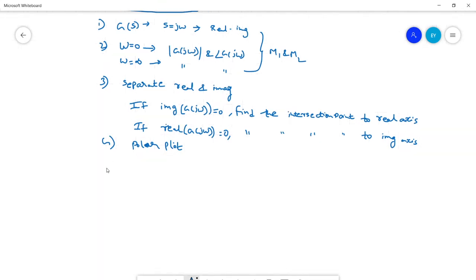Fourth thing, now you need to compute the gain margin.